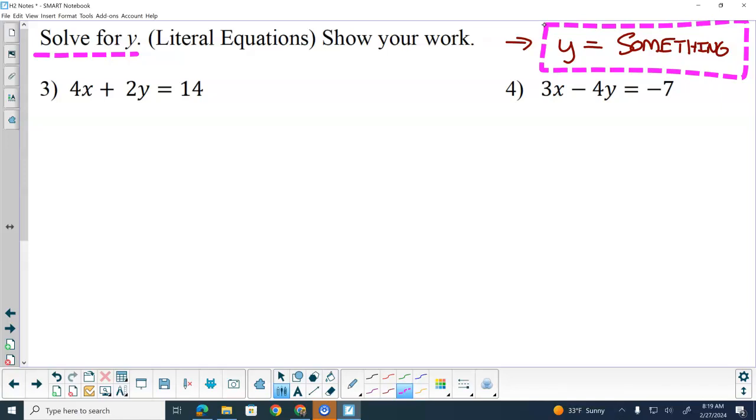Nope, because 2 is being multiplied. So in order to move the 2, I'm going to have to divide. That's not this step. So what else is on that side with y? 4x, right? So how am I going to move that to the other side? Subtract 4x. So I'm going to subtract 4x from both sides.